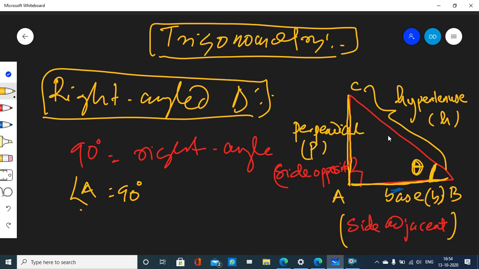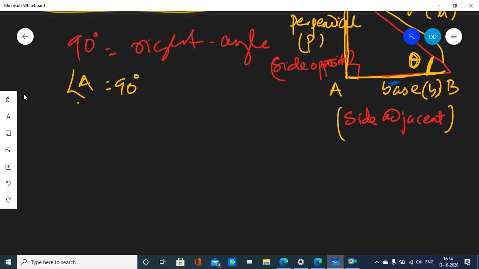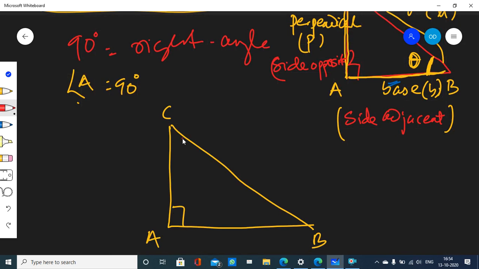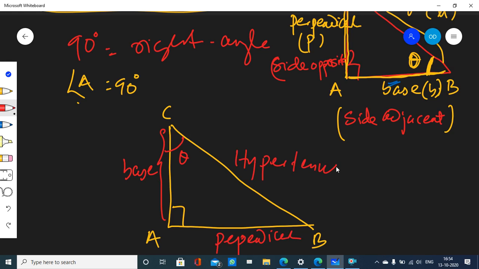I think you already knew all this in high school, right? This is perpendicular, this is base, hypotenuse. Also suppose in this right angle triangle, this is A, this is B, this is C. If we consider this angle and call it theta, then obviously this will be our base, this will be our perpendicular, and this will be our hypotenuse.